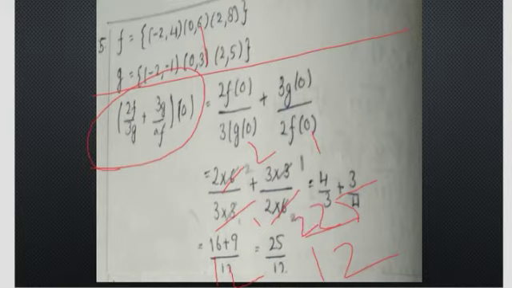So the solution will be 4, 2 into 2 is 4, 3 into 1 is 3, 3 into 1 is 3, 2 into 2 is 4. If we add and do the LCM, then you will get 16 plus 9 divided by 12, so 16 plus 9 is nothing but 25 divided by 12, so that is option B.